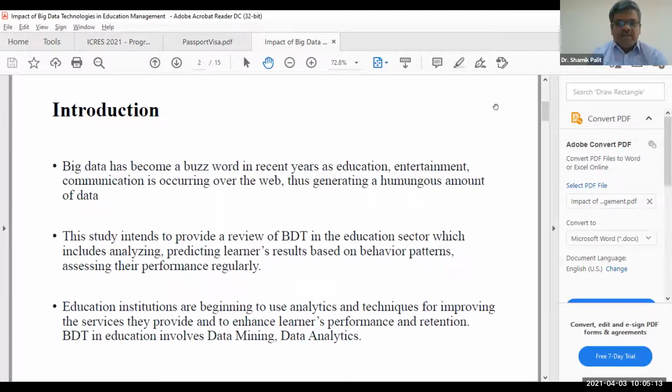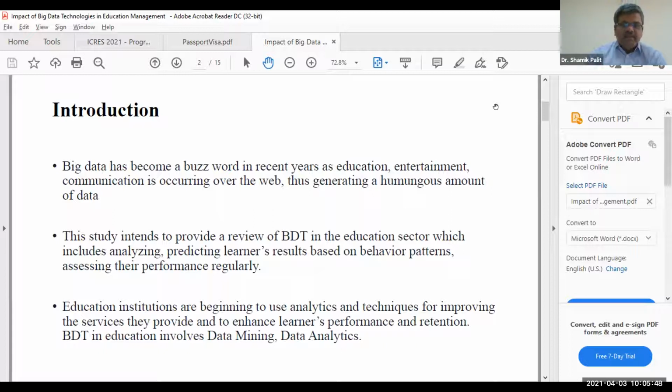My work is focusing on how big data technologies can be beneficial for an effective teaching learning process in the education management sector, including analyzing the performance of any specific student or taking a strategic action for that particular student, which might be beneficial for them to achieve their academic goals.